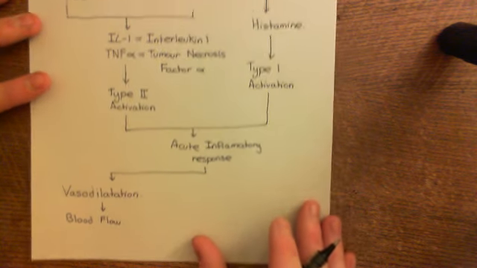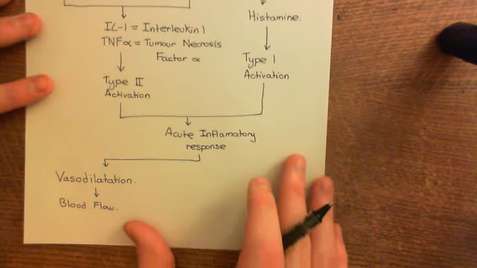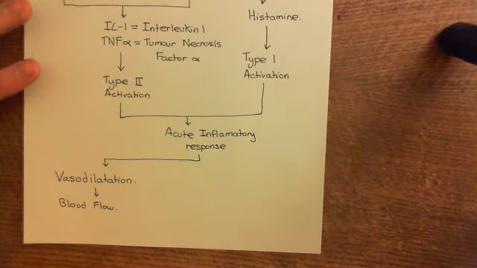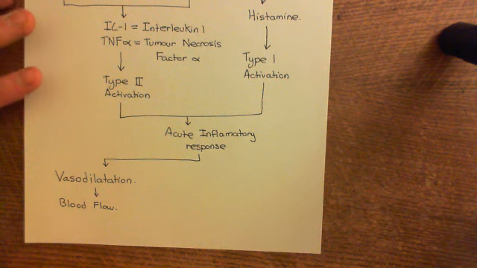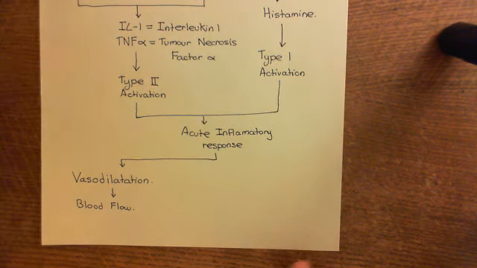These pro-inflammatory mediators, histamine, interleukin-1 and tumor necrosis factor alpha, they are cries for help, basically, from these sentinel cells. They are alarm signals. And basically, they are pleading for the body to send troops that are going to help destroy the pathogen that has come in and is invading, or at least they believe is invading.